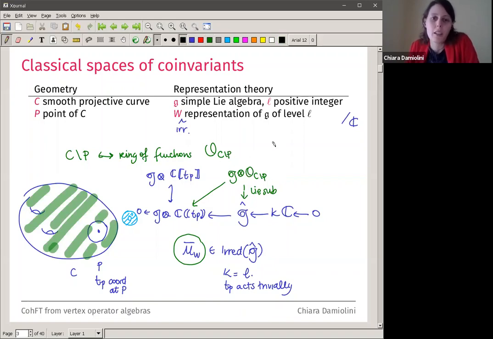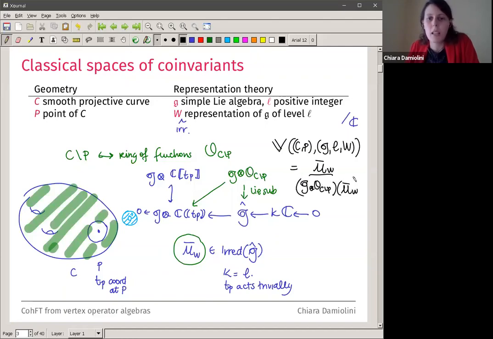And so I can define the space of coinvariants, which, let me denote, I want to remember that I have a curve, a point, the algebra, the level, and the module. This will just be the quotient by the image of, essentially, I'm killing everything which is in the image of the action.